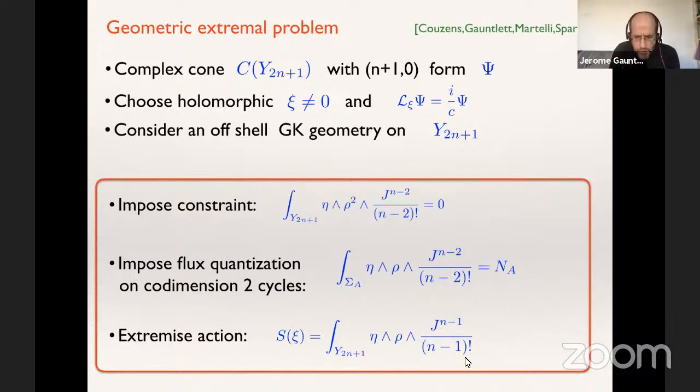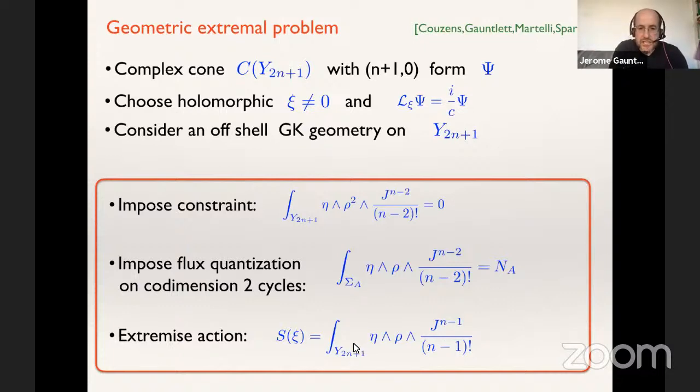So let's look at the last one first. The last one is the action, and the action can be written in terms of eta, the one-form dual to xi, the Ricci form rho, and you soak up with a bunch of the Kähler form J's to make a 2n+1 dimensional form.